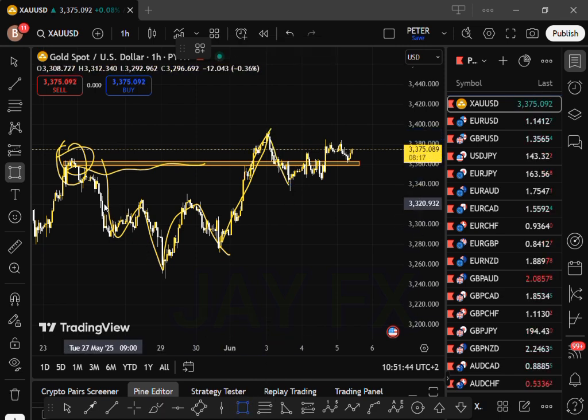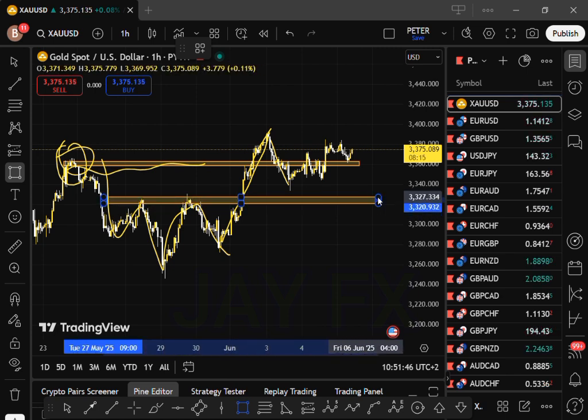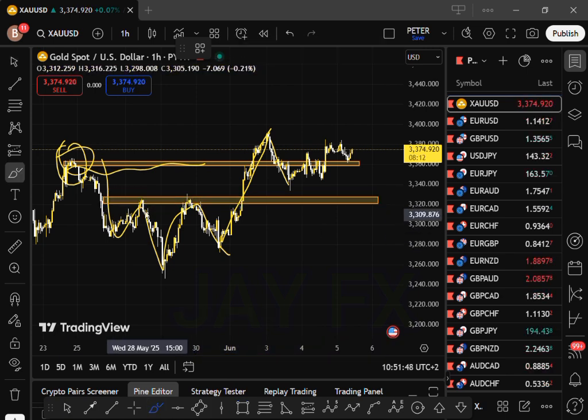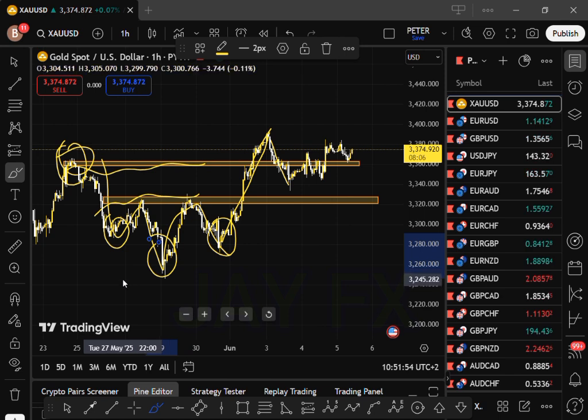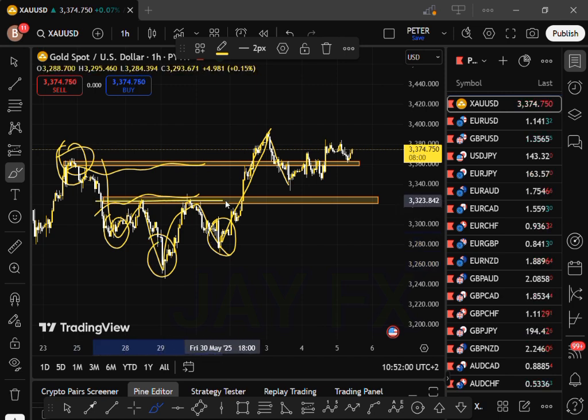It was against the previous neckline. As I told you, we have a shoulder here, another shoulder, and a head. This is an inverse head and shoulders, a strong pattern that stands for buying. So after breaking this neckline, price shot up and managed to break the previous high, and it comes back to retest that neckline.